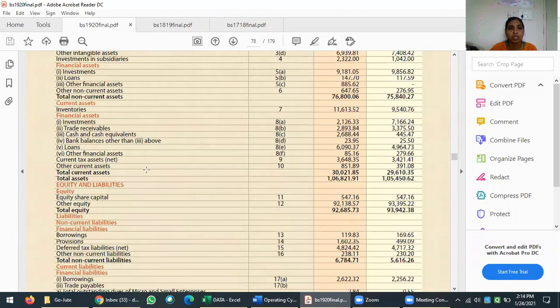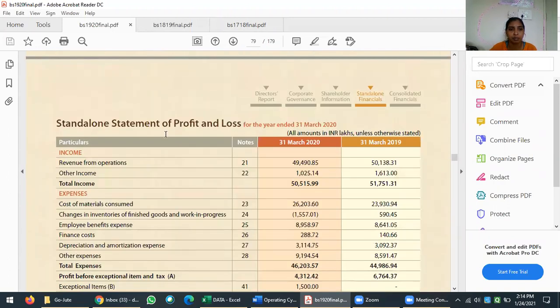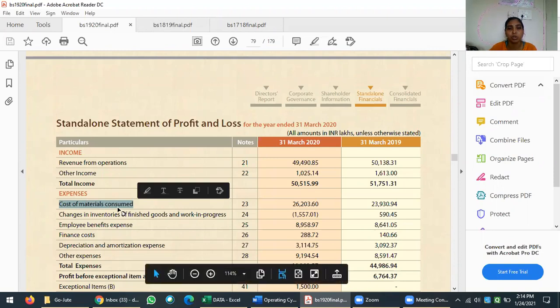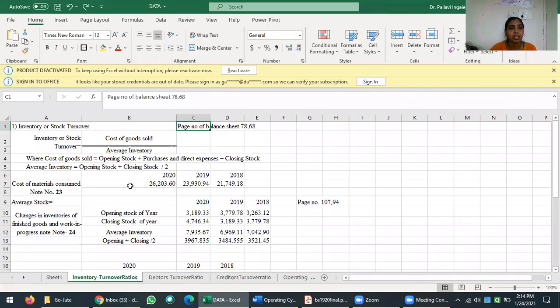Now, in this balance sheet, I have to see the P&L, the profit and loss account. Here it is given: cost of material consumed. This cost of material consumed, given in the standalone P&L, I will consider as our cost of goods sold.